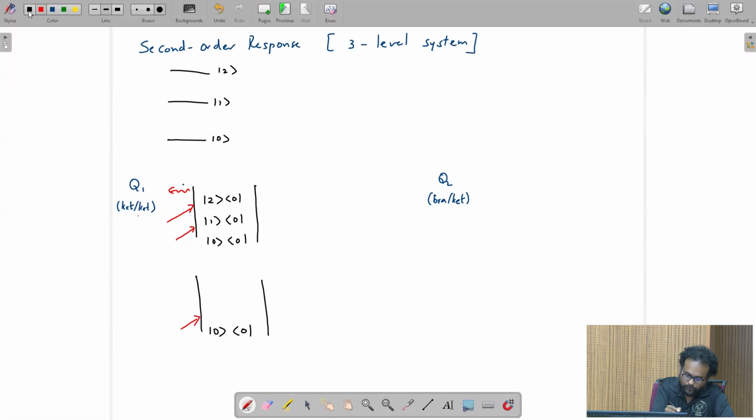Let's say you go to 2 now instead of 1. Why not? Then your second interaction again has to come from your ket direction, which has to be the stimulated emission. And this will emit.